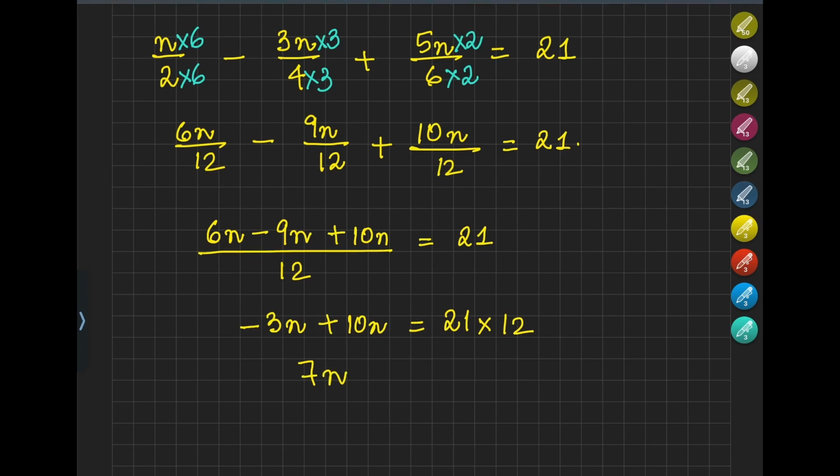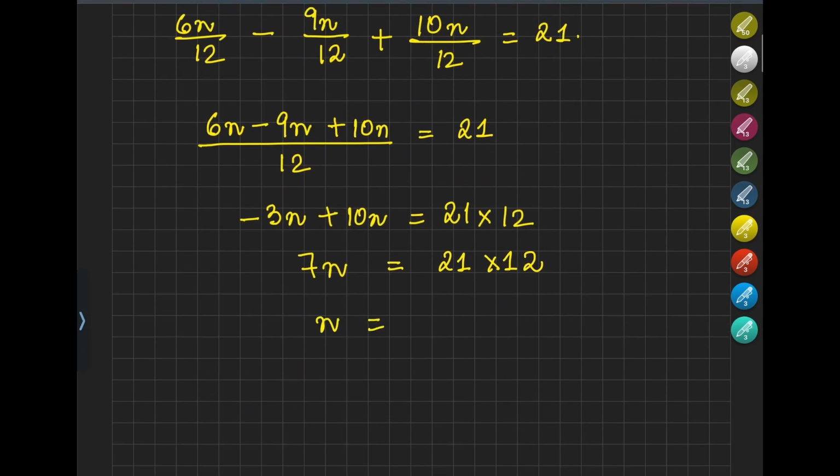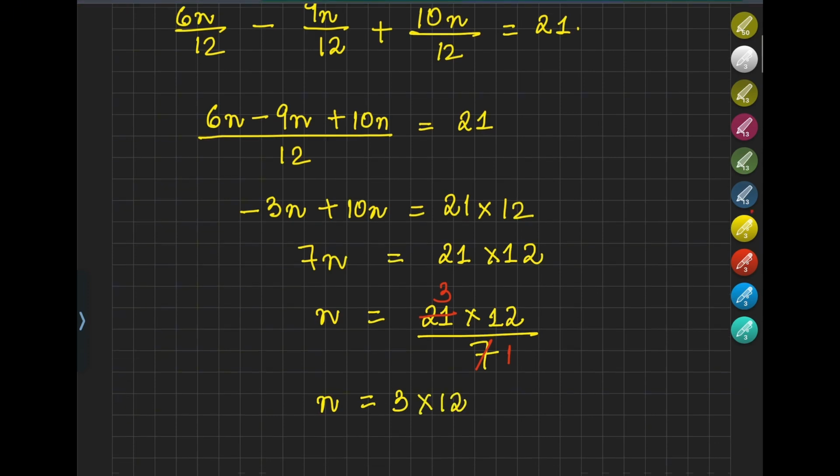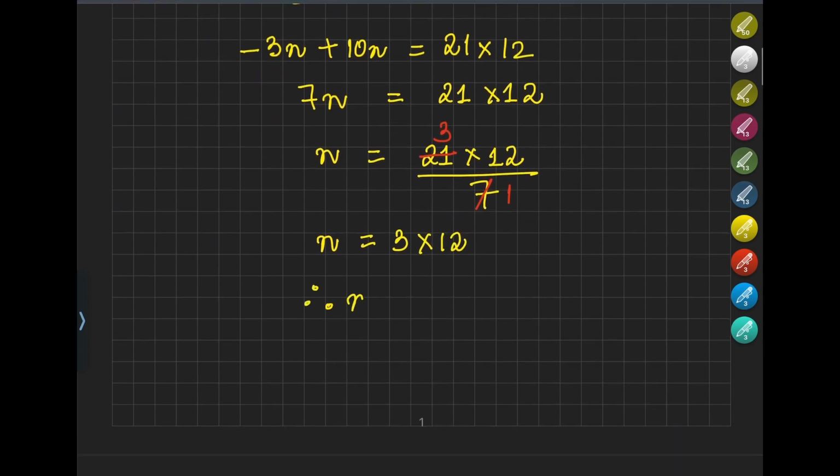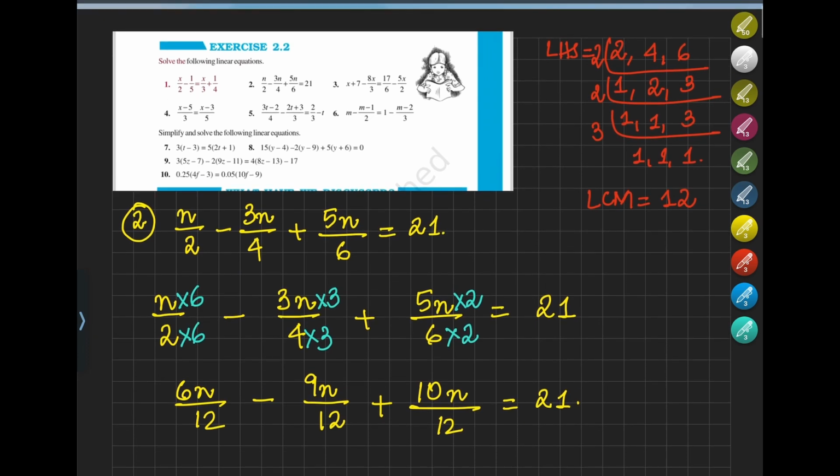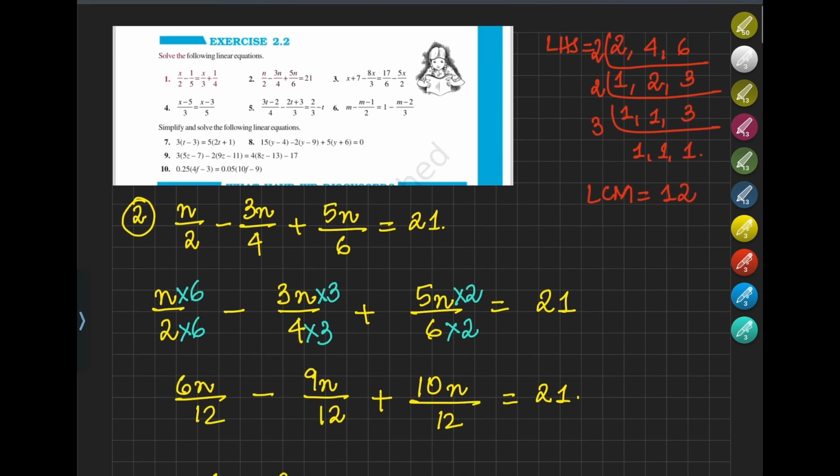This becomes 7n is equal to 21 into 12, and n is equal to 21 into 12 by 7. 7 ones are 7, 7 threes are 21. So n is equal to 3 times 12. Therefore, n is equal to 36 is the answer for the second question. So we are done with the second question.